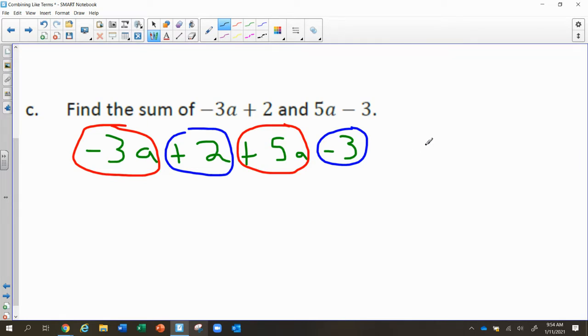So I'm going to go off to the side and make sure. So I have 3 negatives, 1, 2, 3, and I have 5 positives, 1, 2, 3, 4, 5. These create 0 pairs and become 0, so I'm left with positive 2. Hopefully that kind of rings some bells. So I'm left with 2A. Same over here. I have positive 2 and 3 negatives.